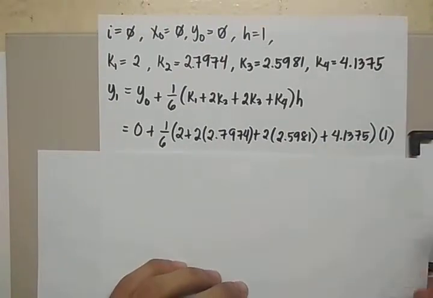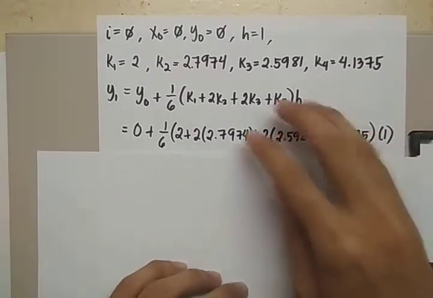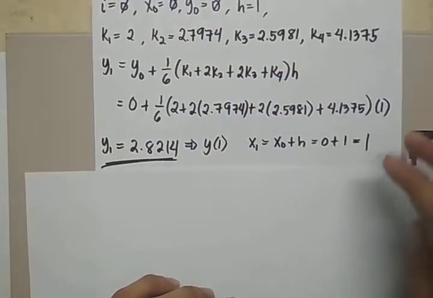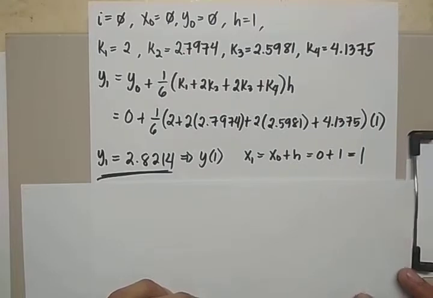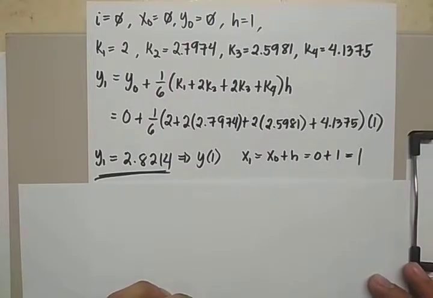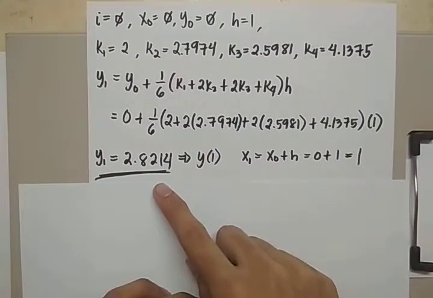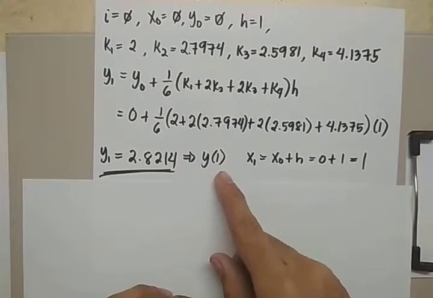So we have 0 plus 1 over 6 multiplied by 2 plus 2 multiplied by 2.7974 plus 2 multiplied by 2.5981 plus 4.1375 multiplied by 1. So we will get our value for y sub 1, which is 2.8214. And this 2.8214 is our value for y of 1.